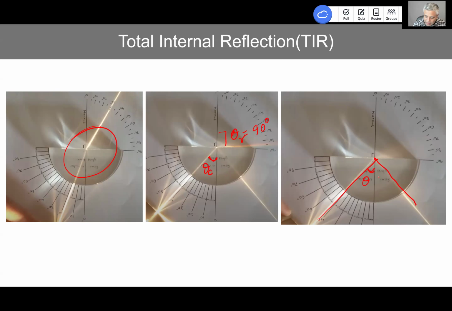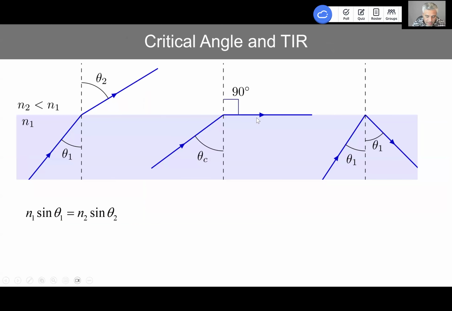So this angle here and that angle are equal according to the laws of reflection, and we can measure and verify that. Okay. So I have drawn those sketches over here, and I'm also writing the equation. So this is Snell's law we talked about last class. While using this equation, what you see is there is a product of n and sine theta. That one repeats. For one side, there is one kind of subscript, and for the other side, there is another set of subscript.